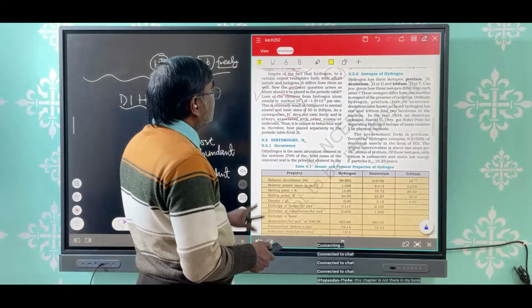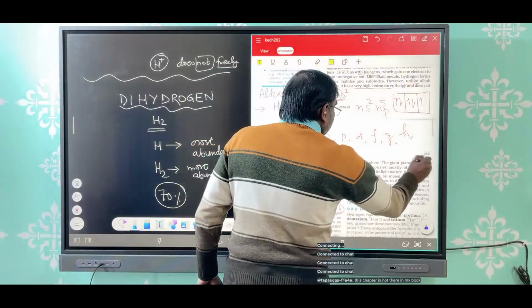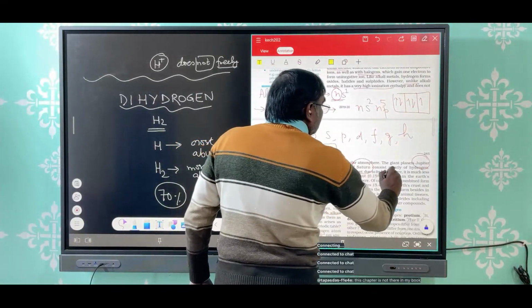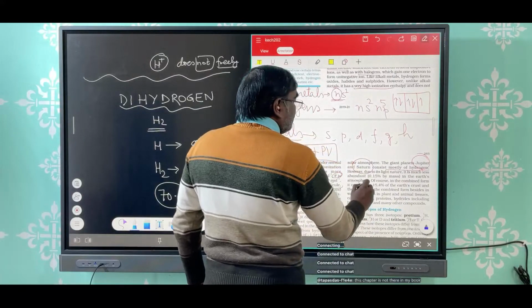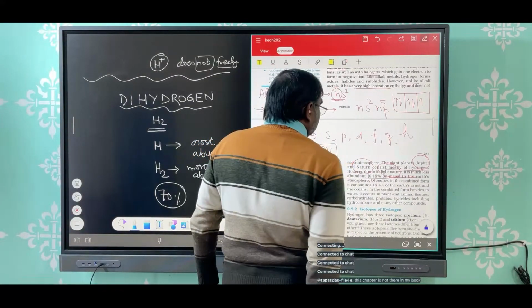And in the whole solar system, the giant planets like Jupiter and Saturn consist mostly of hydrogen. However, due to its light nature, it is much less abundant on the Earth's surface.